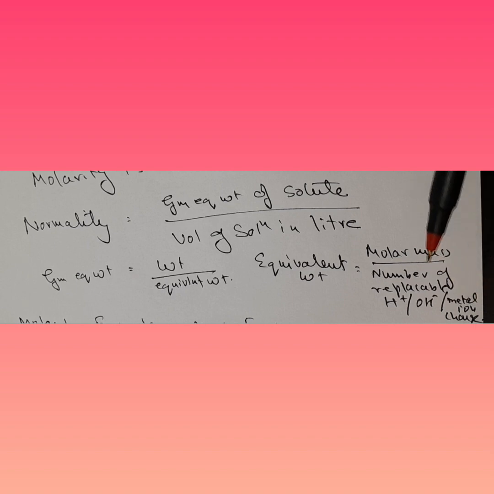Alright, silver. If I take silver metal, silver 108 grams atomic weight divided by charge plus 1. So that's how we take out equivalent weight. I also need to bring to your notice that normality also has volume of solution in liters, so normality is also sensitive to temperature.